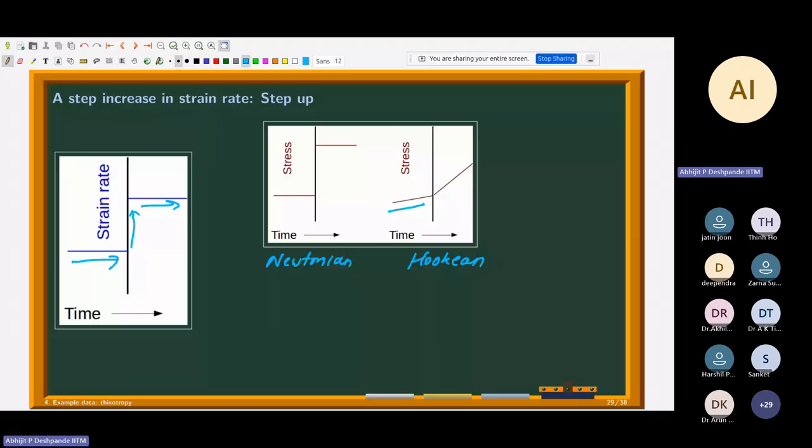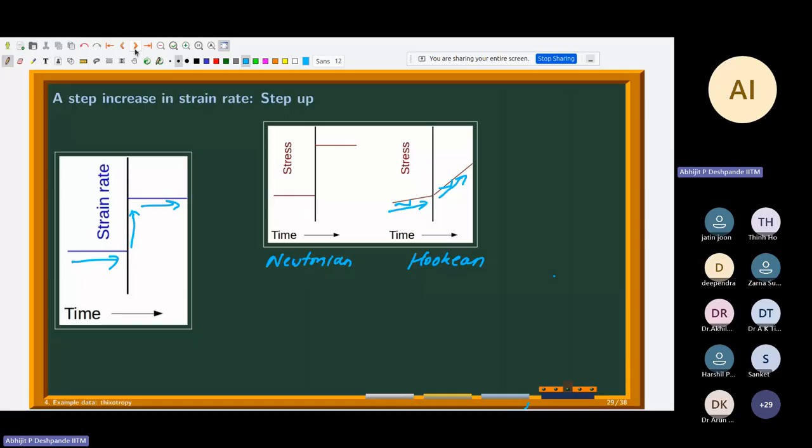And since strain continues to increase, the stress will also continue to increase. But since the rates are different before and after, the rate of increase is slightly different. So the slopes are different in the two cases, but otherwise, qualitatively, the linear increase in stress is there for a Hookean solid in both cases.